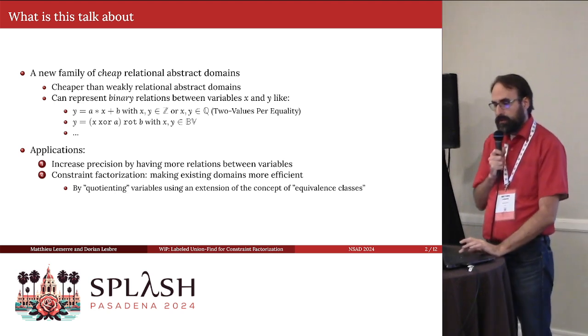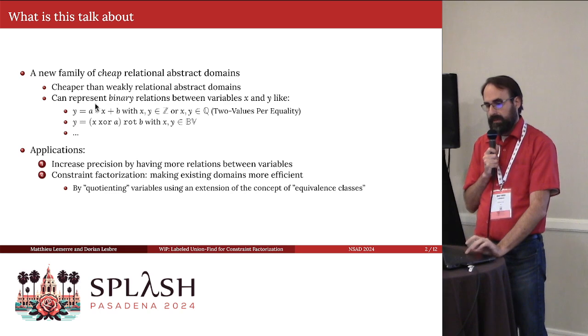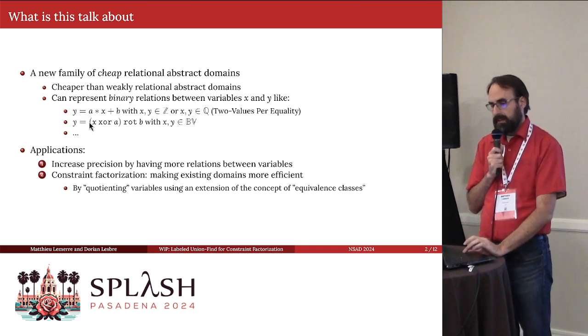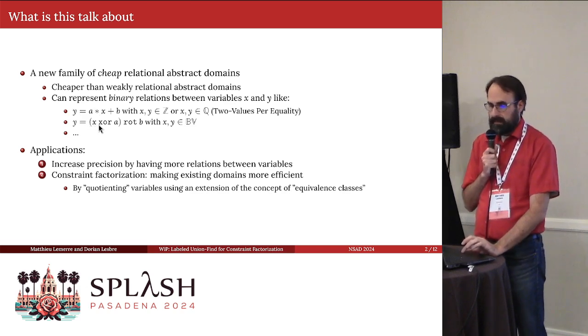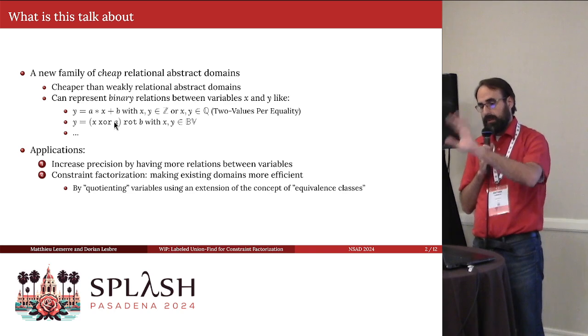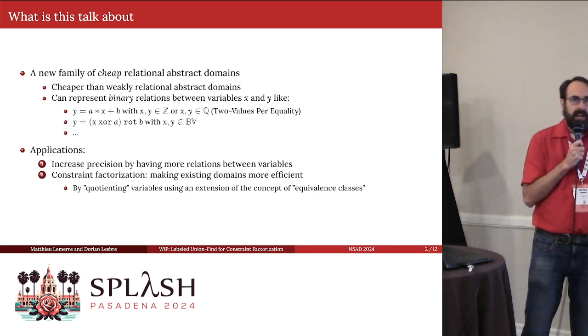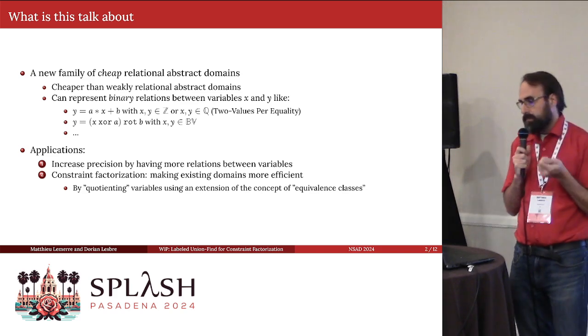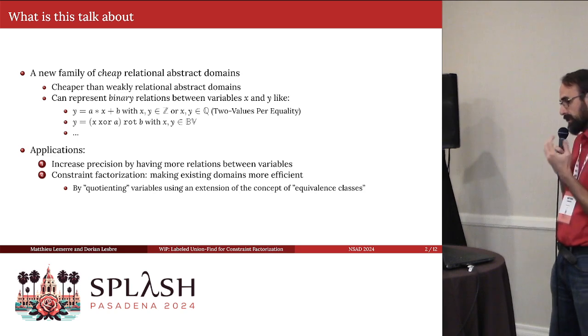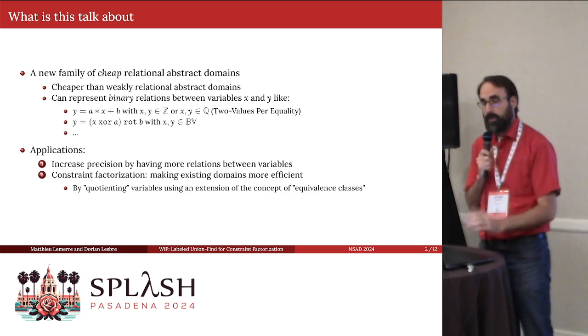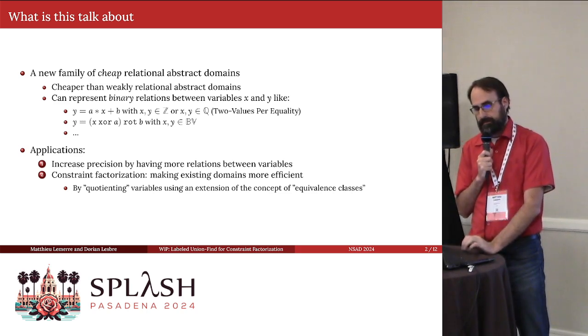And it can compute relations like y equals a times x plus b, so affine relations, or relations like y equals x XOR some constants, or with some constant rotation, or even with some permutation. Actually, any kind of relation expressible as an invertible function will be representable in our domain.